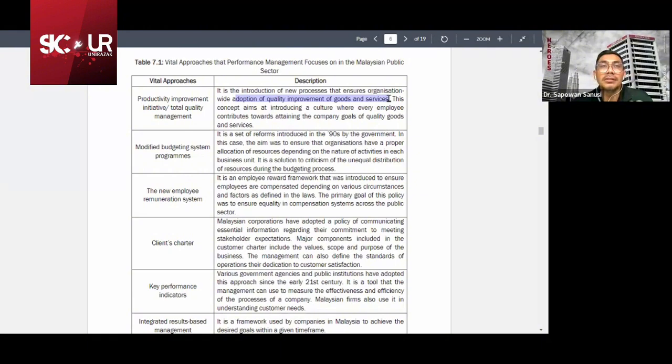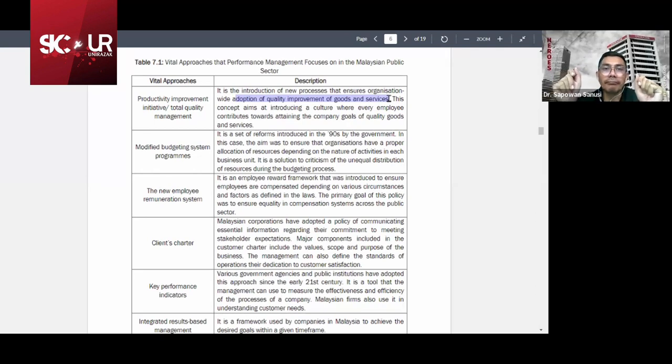Itu termasuk dalam effectiveness. So this concept aims at introducing a culture where every employee contributes to attaining the company goals and quality goods and services. Either it's about efficiency or about effectiveness, that is the meaning of total quality management.